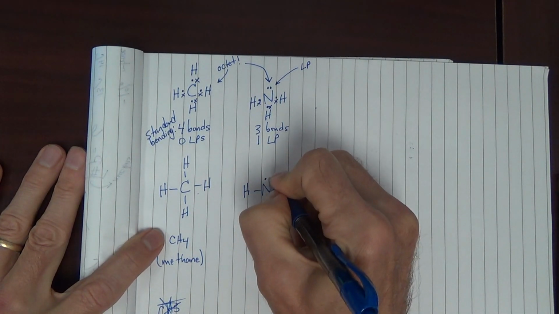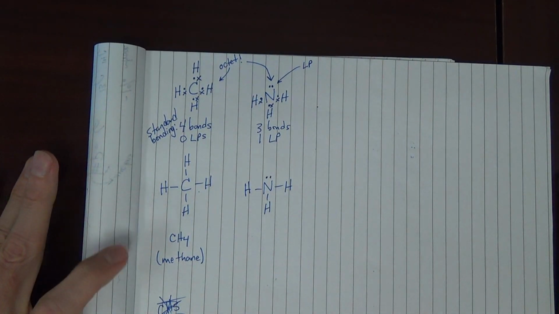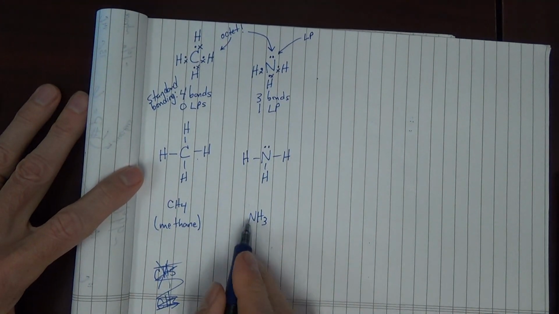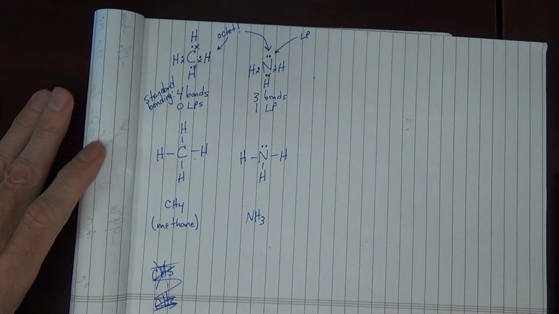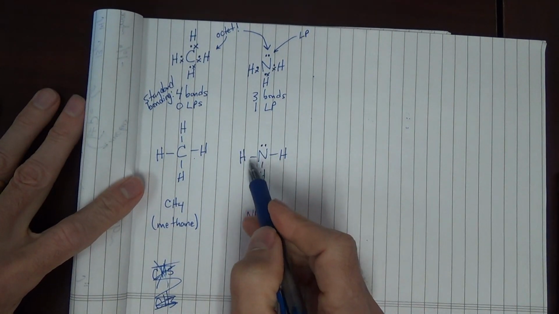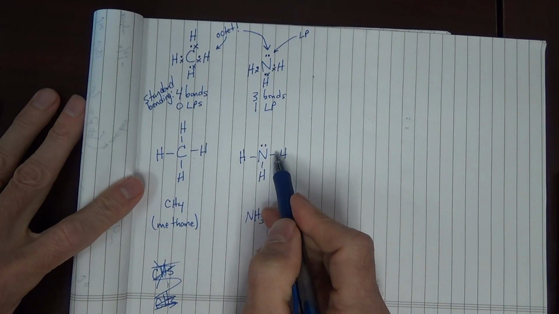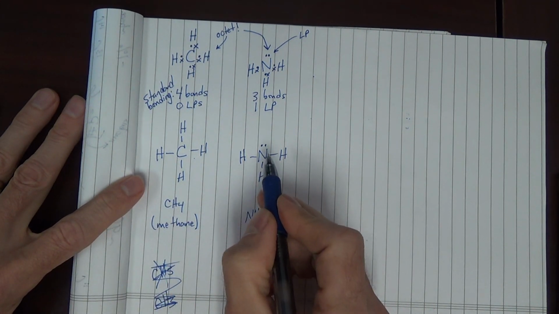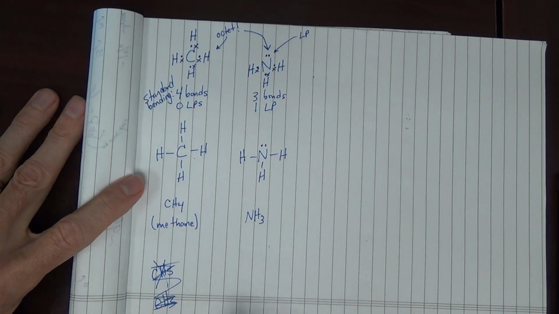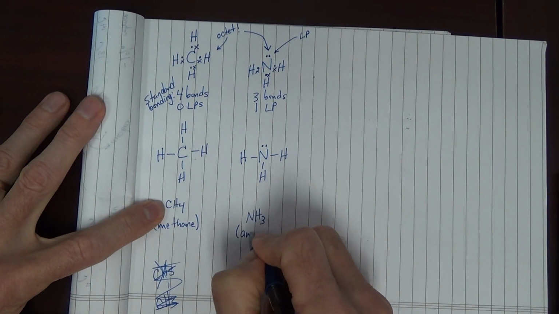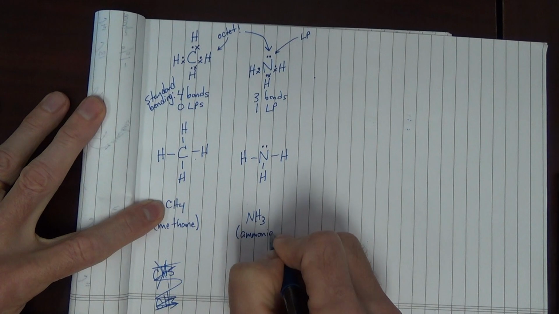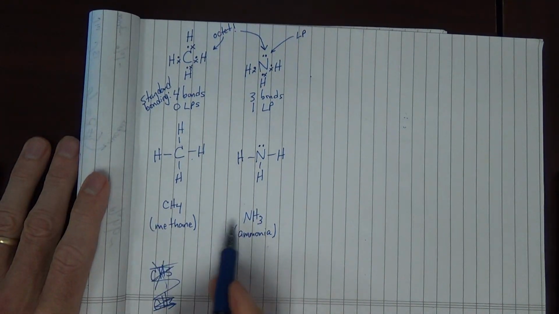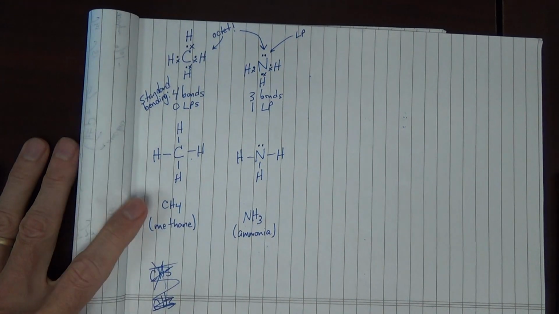And then we just show the lone pair like that. And we can show it condensed. Very often the lone pair is not shown when you condense it down. Sometimes it's not even shown when it's a structure, but you got to know it's there. And if we are asked to officially draw a structure, we need to include lone pairs. And this is, you may know, ammonia. And these two are actually both gases.